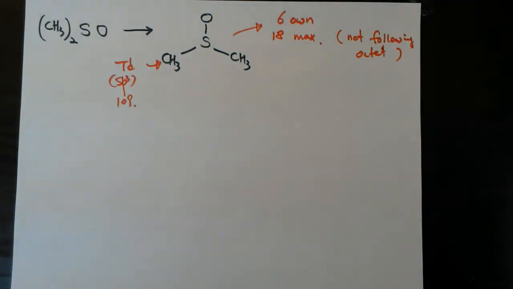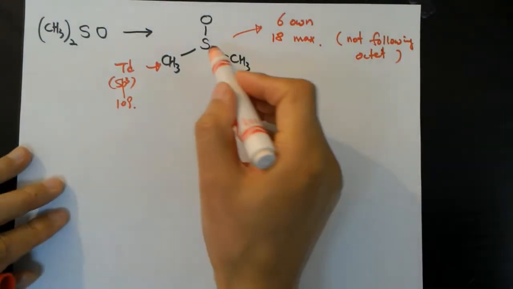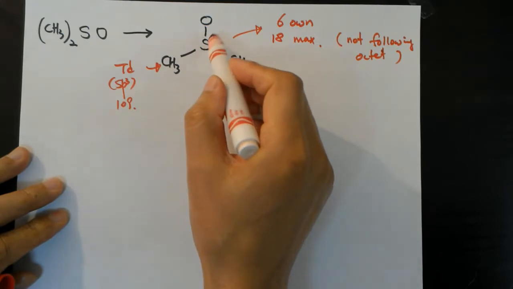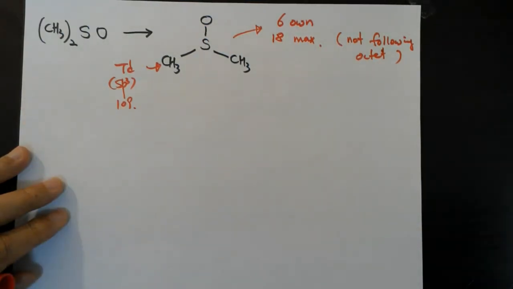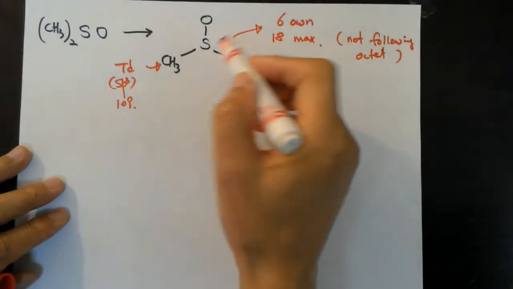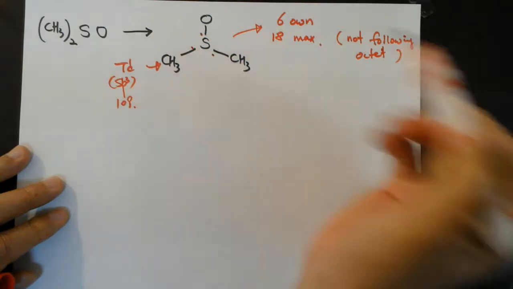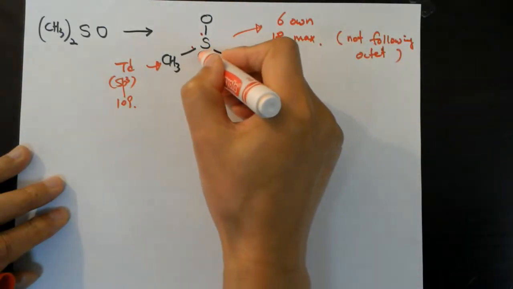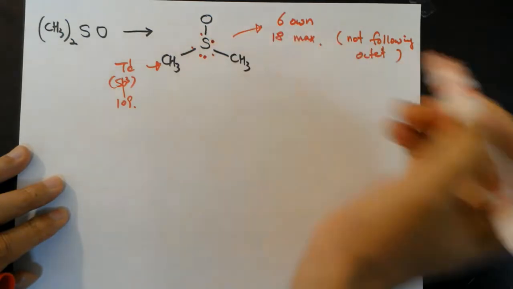So let's count its own electrons for sulfur. Don't worry about the maximum 18 yet. Sulfur has right now 1, 2, 3 of its own, so we can have 2, 3 more.